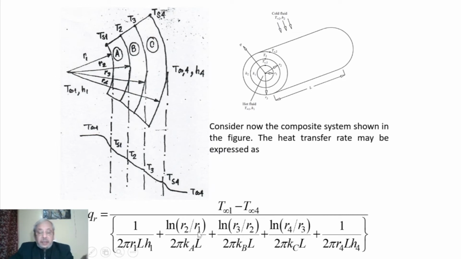We have done this in the earlier part. Then for material B it is ln(R3 by R2) divided by twice pi Kb L. For material C it is ln(R4 by R3), sorry, ln(R4 by R3) divided by twice pi Kc L, where Kc is the thermal conductivity of material C. Then the outside convective resistance is 1 by A4 h4, and area 4 is twice pi R4 L into h4.